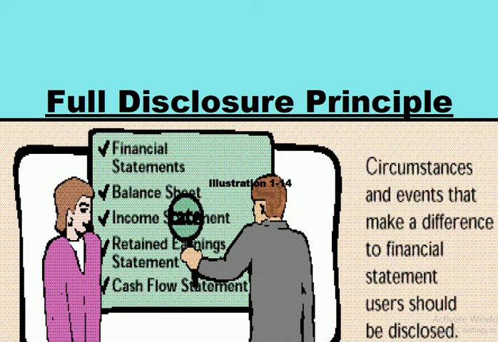Users must be informed. Your financial statements are the income statement, the balance sheet, the retained earnings statement, the cash flow statement, and the statement of owner's equity. So full disclosure means you must present all your assets, all your contingencies, all your controversial issues in the notes to the financial statements, and all the relevant and accurate issues on the balance sheet.